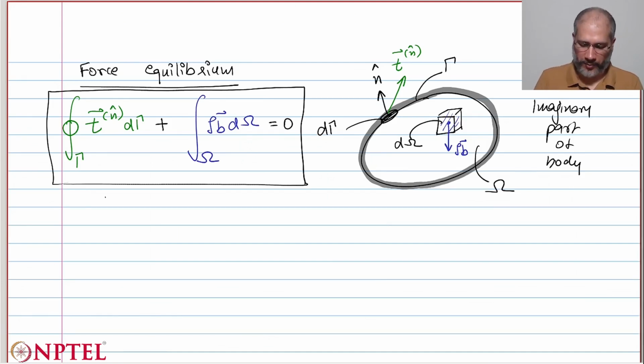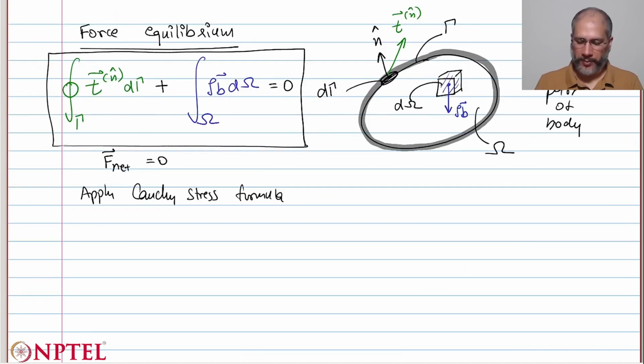And this is coming from the fact that the net force acting on this body, or whatever this imaginary part is, is 0. If this is the case, then the body is under force equilibrium, that is, the body does not accelerate. Now what we do is we apply the Cauchy stress formula.